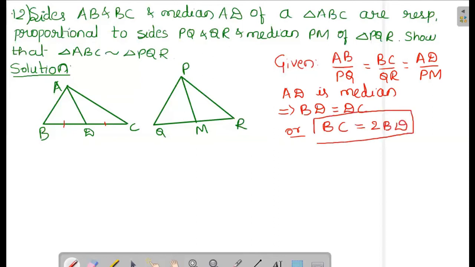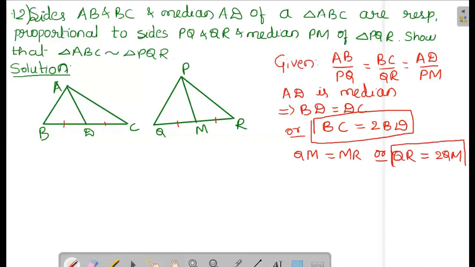Similarly, in the second triangle, PM is median, then QM is equal to MR, or we can write QR is equal to 2QM.